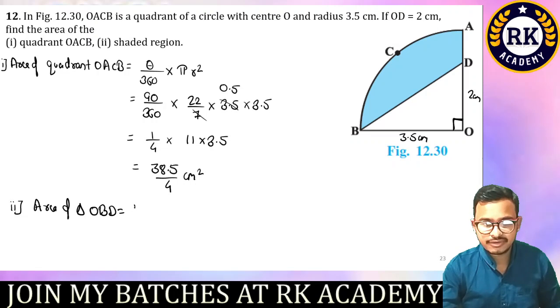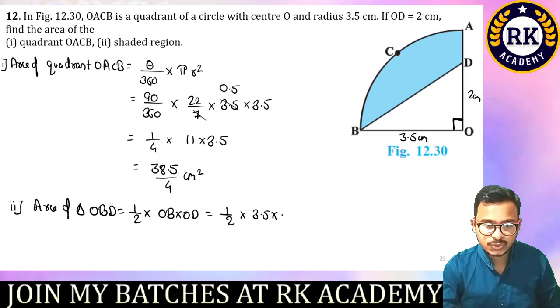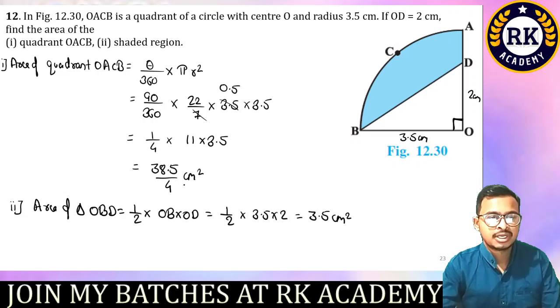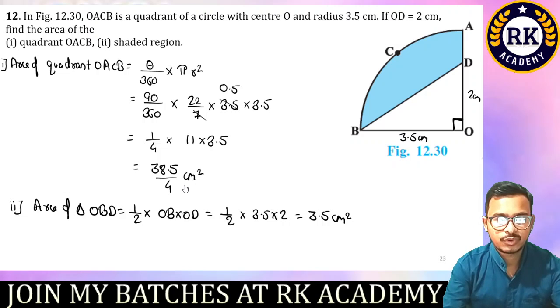So in a triangle you will find base into height. So half into OB into OD. Okay, so that will be half into 3.5 into 2. So the area comes to 3.5 centimeter square. Now you have found the area of triangle OBD. Next step will be finding the area of the shaded region.